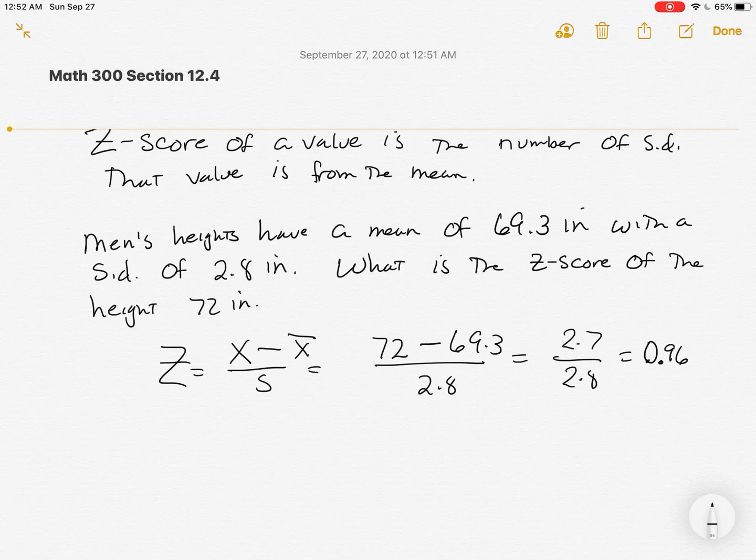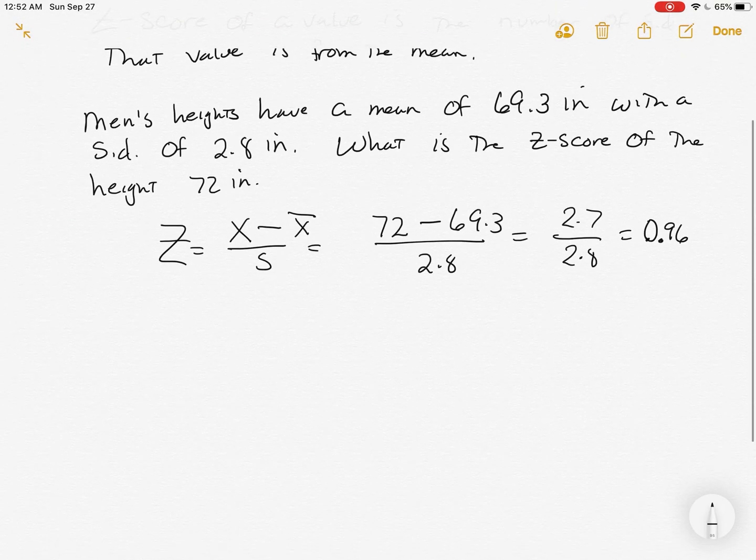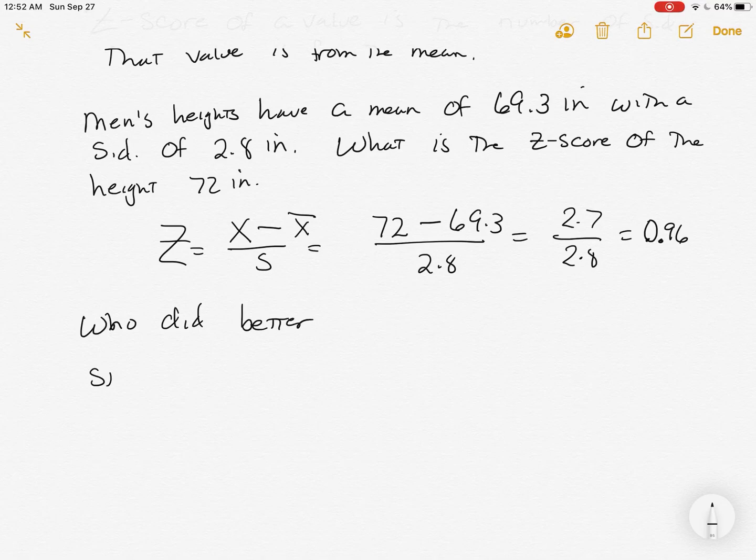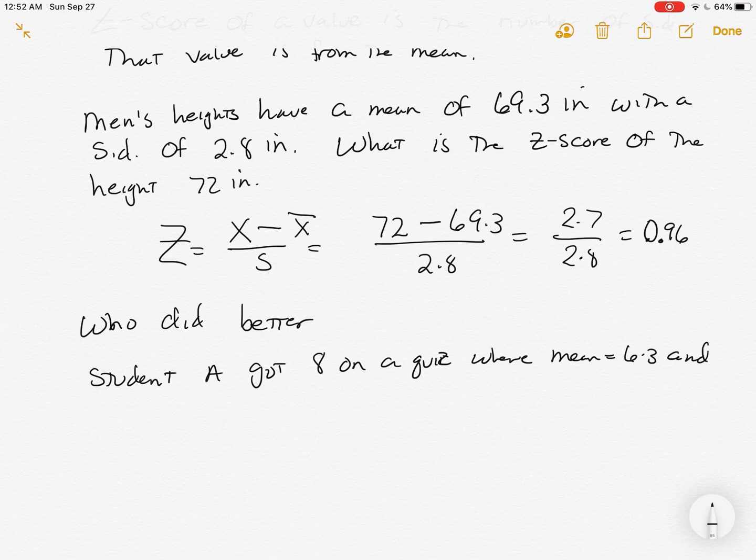And so we can use that to compare some scores, but it is that nice, especially if they give you the mean and the standard deviation. They'll use it to compare two values. So there's a question that's going to be there a lot. Who did better? Student A got 8 on a quiz where the mean was equal to 6.3 and the standard deviation is equal to 2.3.